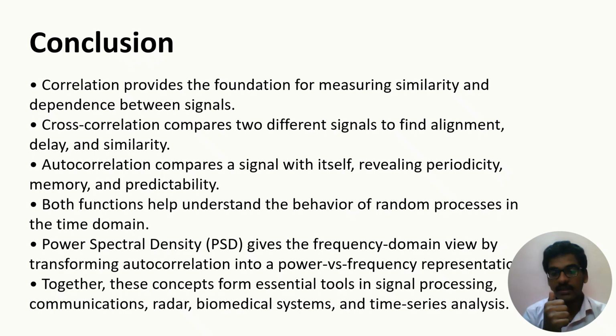Autocorrelation compares a signal with itself, revealing periodicity, memory, and predictability. Both functions help understand the behavior of random processes. Power spectral density gives a frequency domain view by transforming autocorrelation into a power versus frequency representation. Together, these concepts form essential tools in signal processing, communications, radar, biomedical systems, etc.